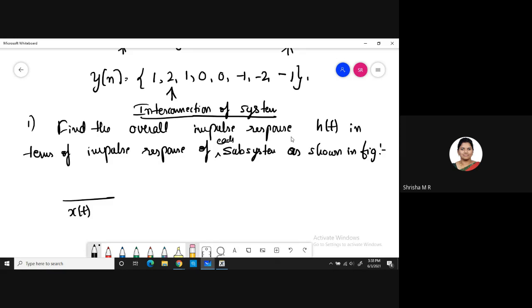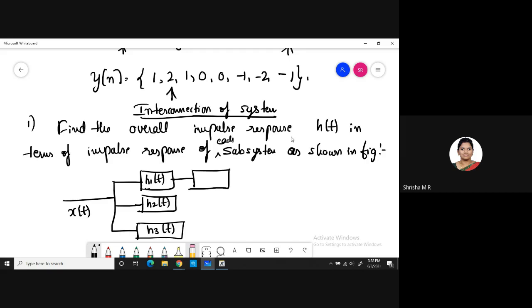You have x of t, and it's given to three subsystems. This is h1 of t, then you have h2 of t, and you have h3 of t. Now you have cascading of h1 of t with h4 of t, whereas these two are added.